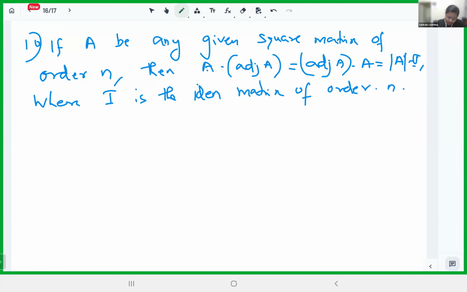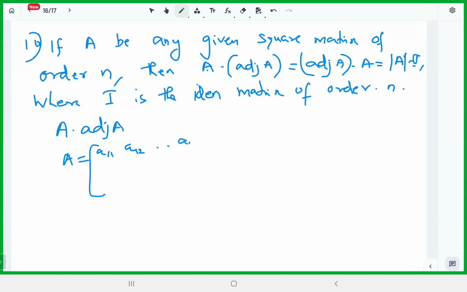So we can consider one part of this. First, consider A into adj A. A is a matrix of order n, so this can be generally represented as A11, A12, etc., A1n.